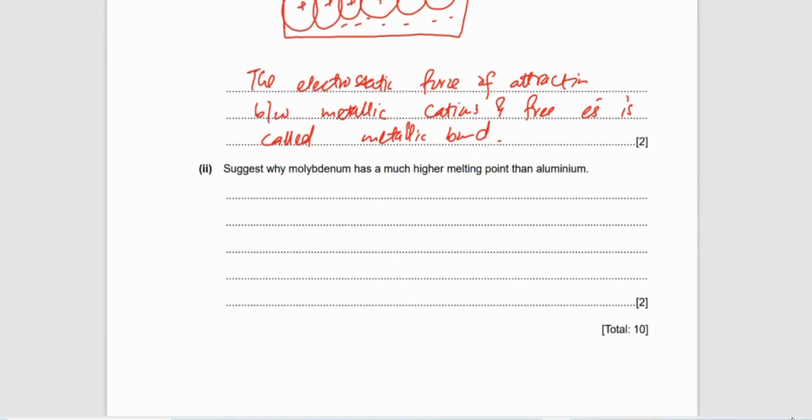So this is why molybdenum has a much higher melting point than aluminum, because it has a stronger metallic bond.